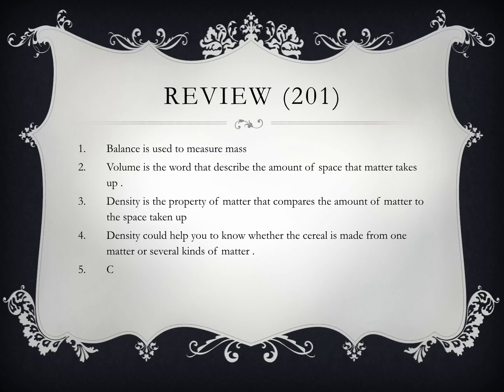In the beginning of the question, it says the black ball is denser than the white ball, but they are occupying the same space. So the black ball has more matter taking up the same space. Obviously, the answer is C.